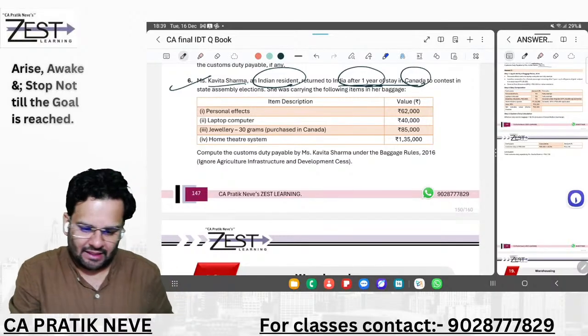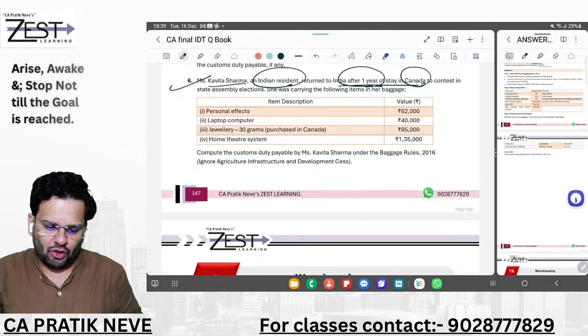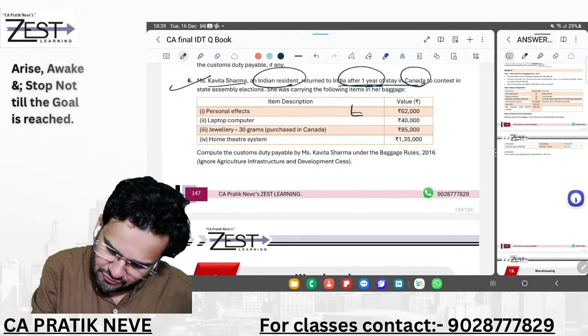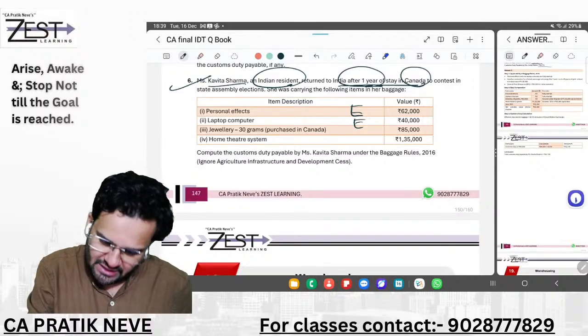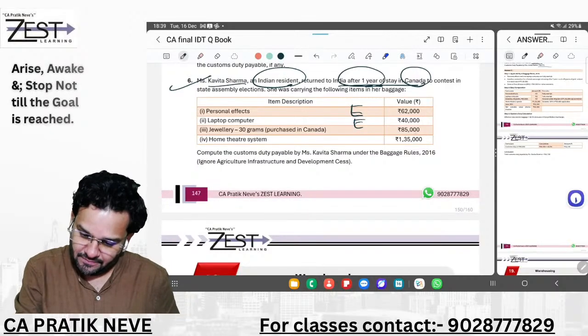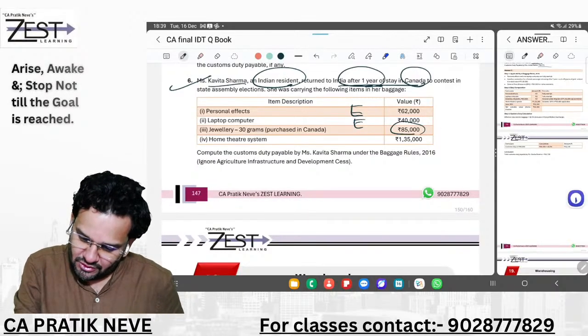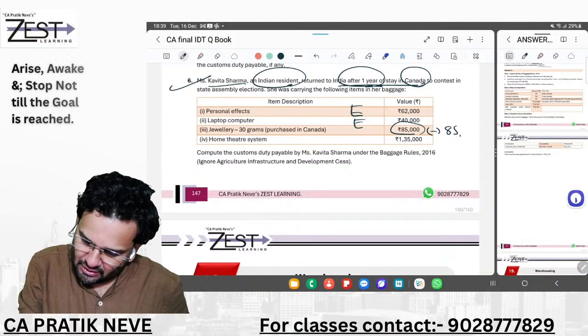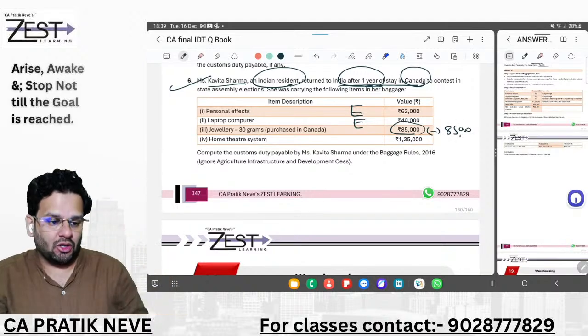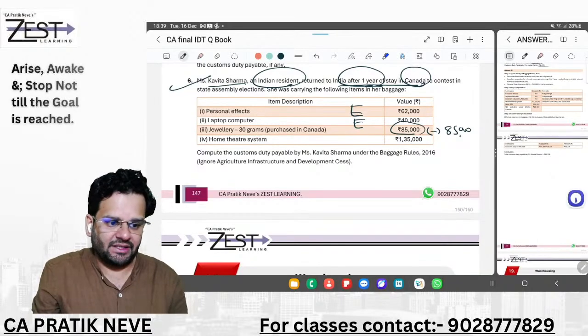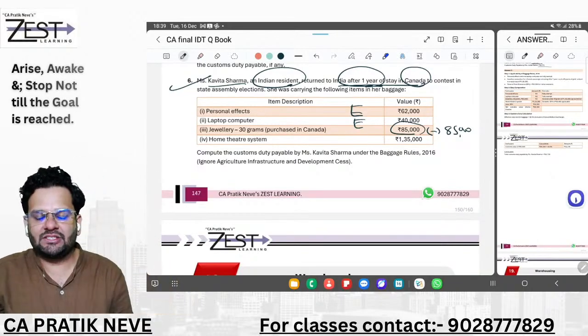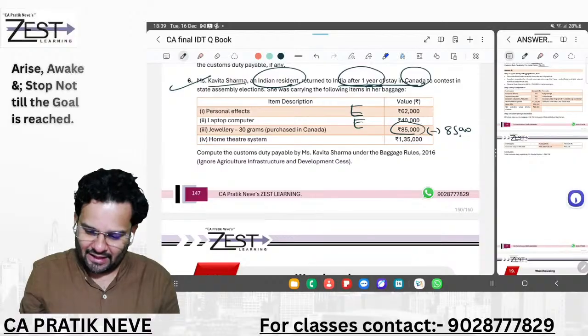We are least bothered with that. She was carrying the following items in her baggage. Personal effects is exempt. One laptop is exempt. Jewelry, 85,000. You know, 85,000 will be tax free because her stay abroad is exceeding 1 year and lady passenger, so not taxable up to 1 lakh.